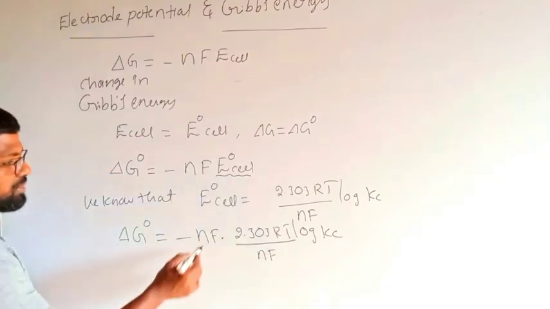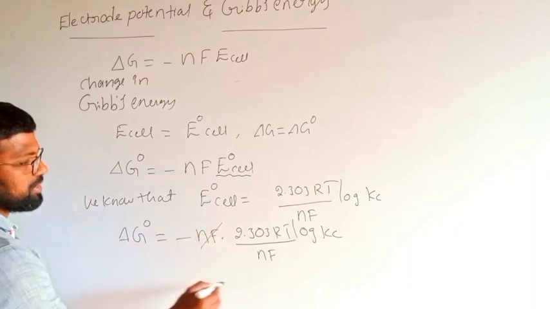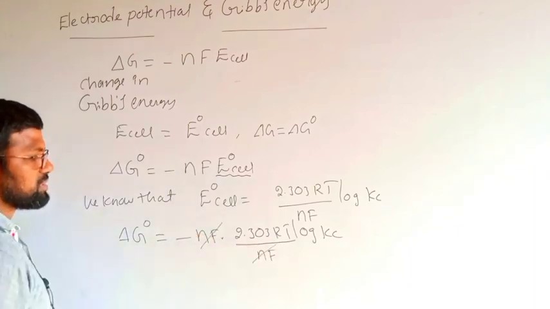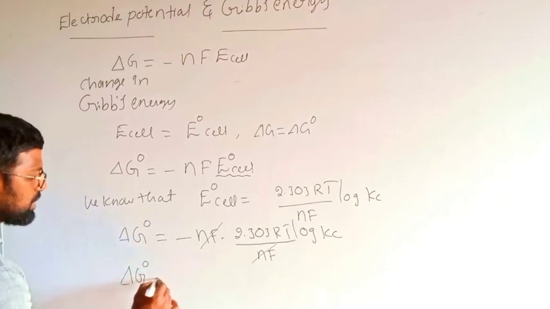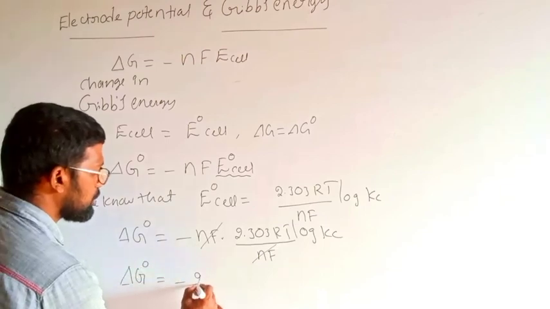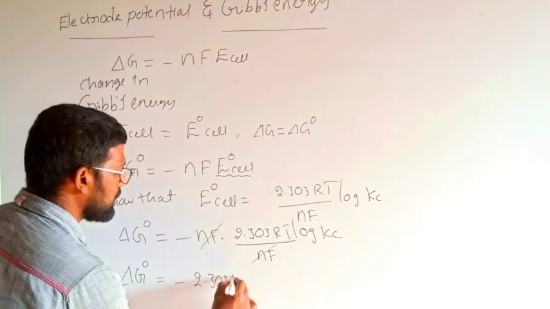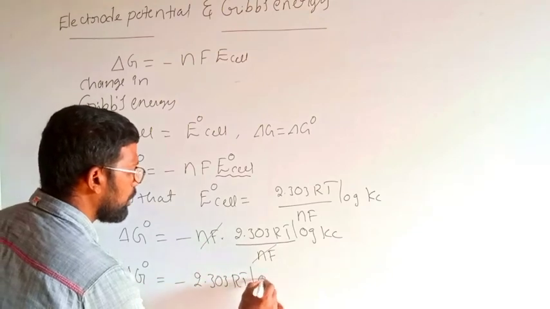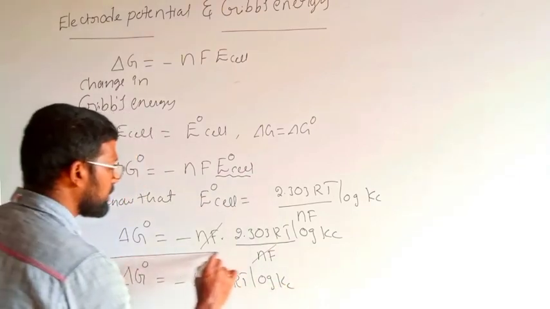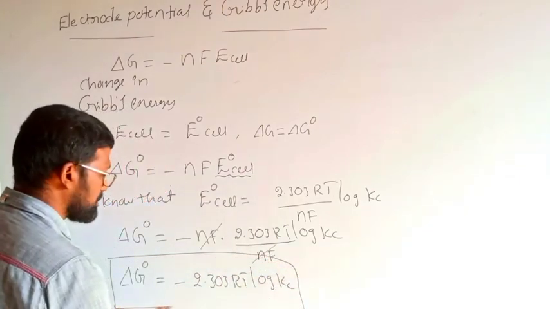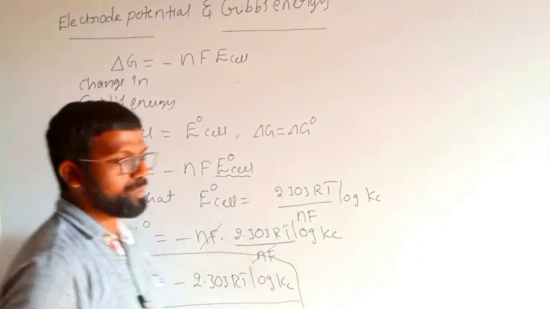Now here there is nF in the numerator, and here also nF is there, both can be cancelled. So finally we get delta G naught is equal to minus 2.303 RT log Kc. So this is the relationship between standard change in Gibbs energy and equilibrium constant.